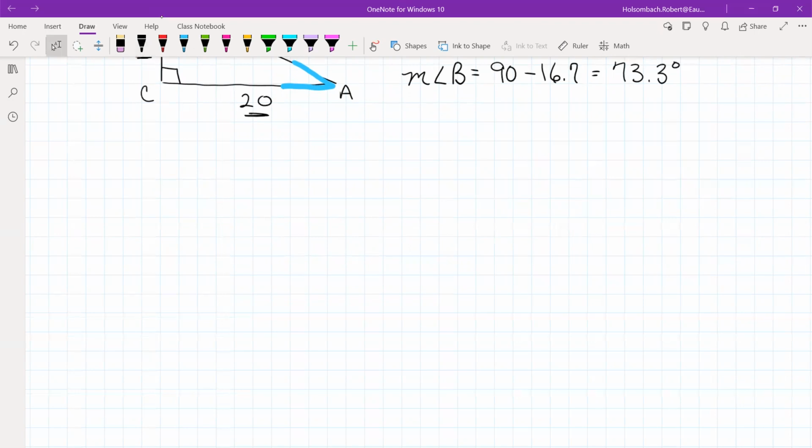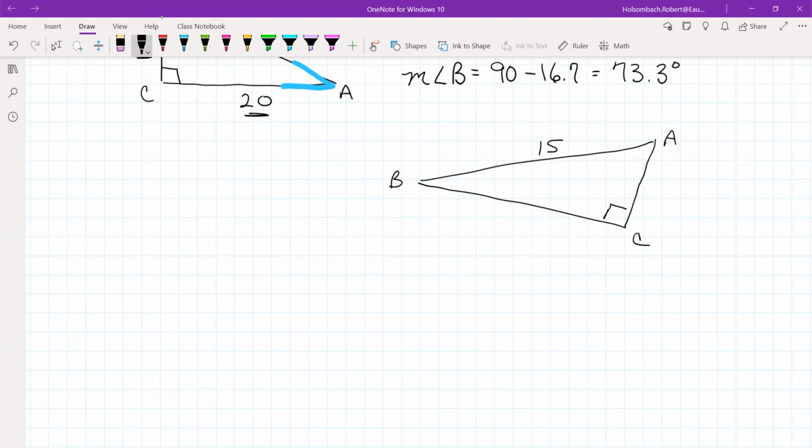So let's look at 4B there. Another triangle ABC. We got a side that's 15 and a side that's 3. We're still finding the measure of angle A first.